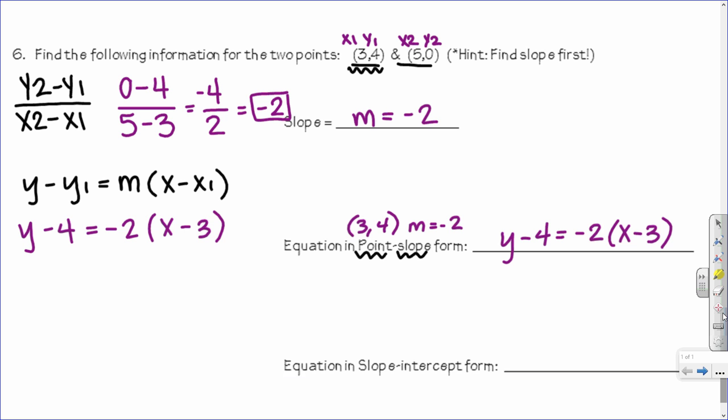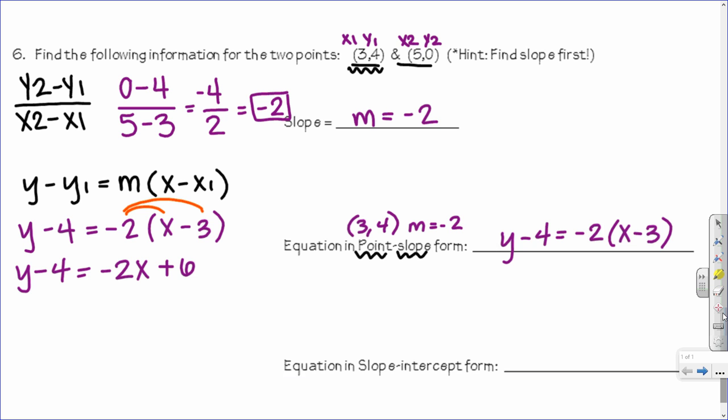Okay, last but not least, we want to write our equation in slope-intercept form. In other words, we want to have the y alone. So the first thing that I'm going to do is distribute this negative 2. And that will leave me with y minus 4 on the left and negative 2 times x, so negative 2x, and negative 2 times negative 3, plus 6.